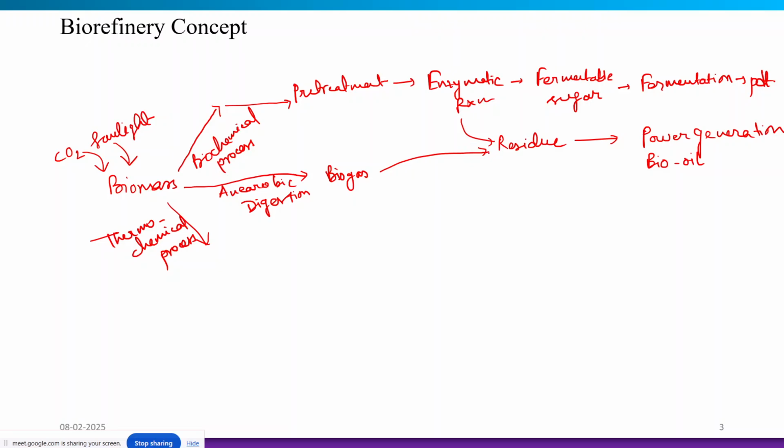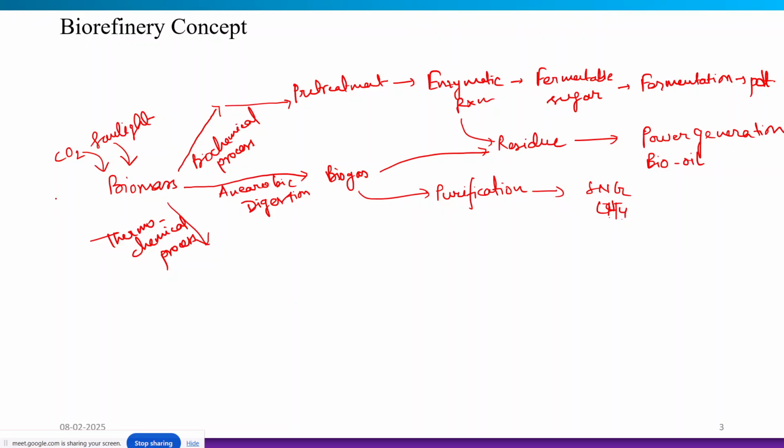From that residue, we can also produce power and bio oil. A lot of biogas is produced by anaerobic digestion. This biogas is further taken for purification, and it is considered for synthetic natural gas, with methane as the main composition of this biogas.